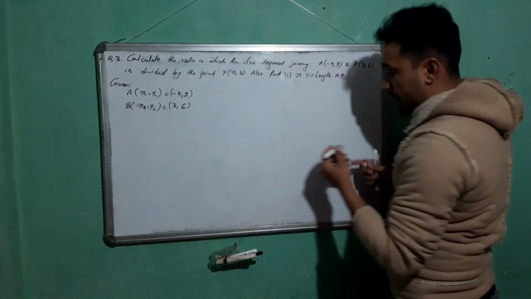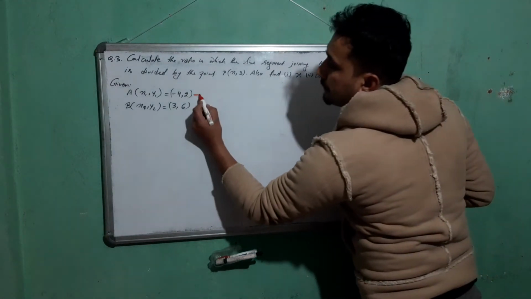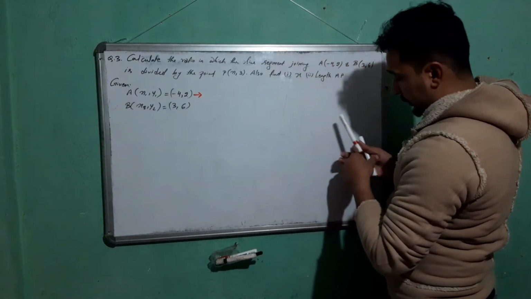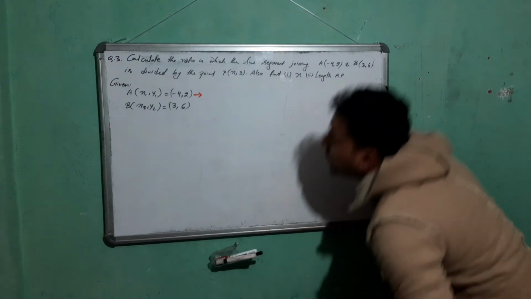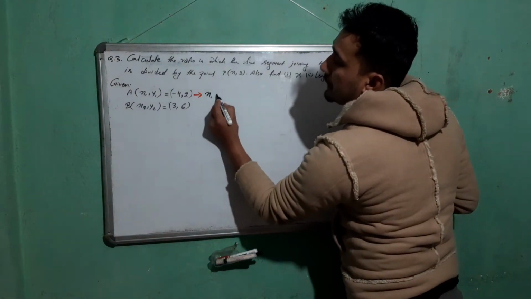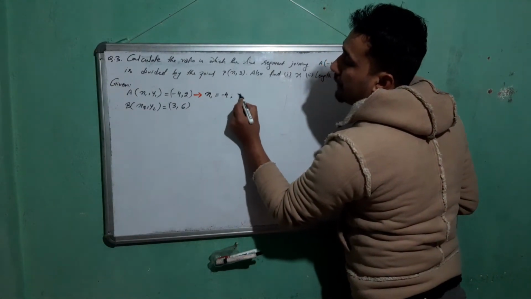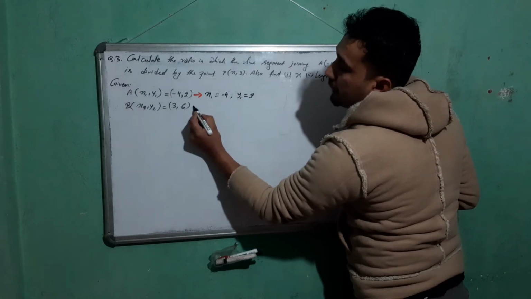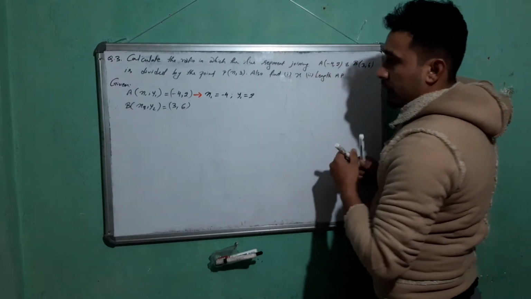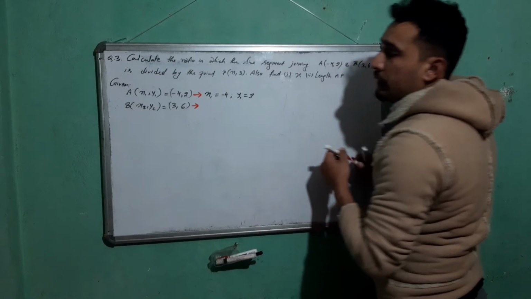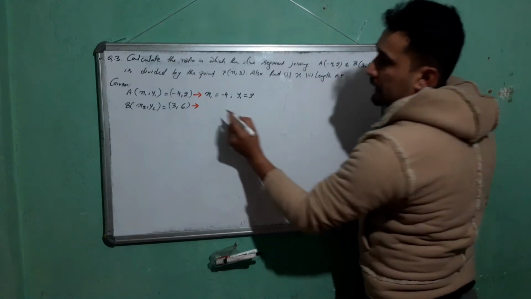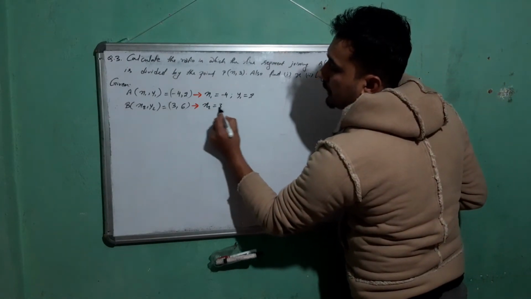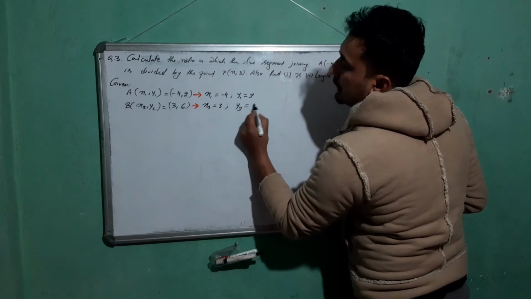From here, the value of x1 is -4 and y1 is 2, and for B, x2 is 3 and y2 is 6.